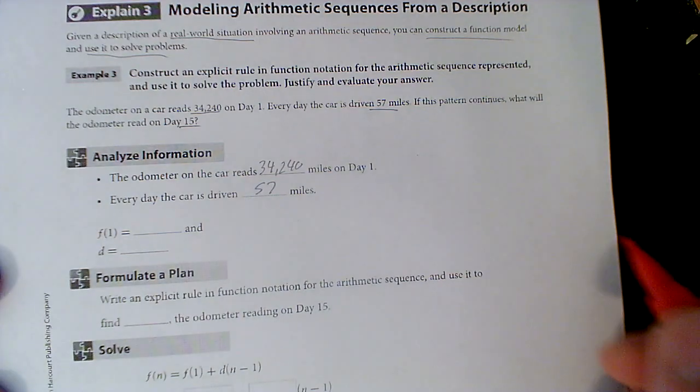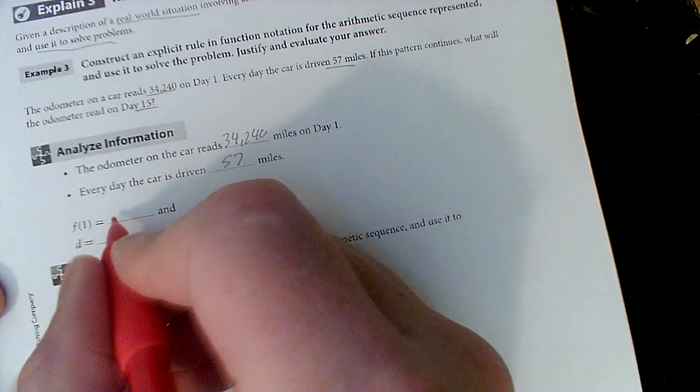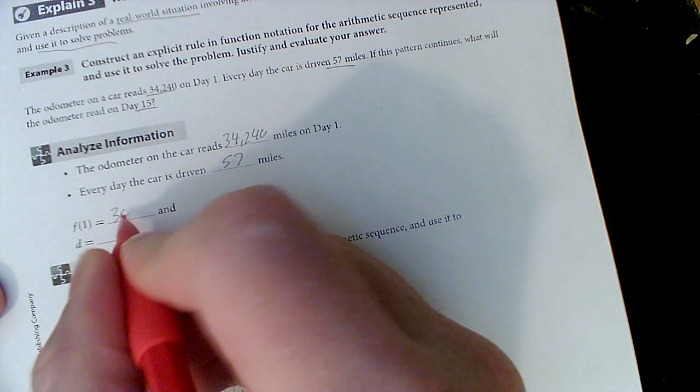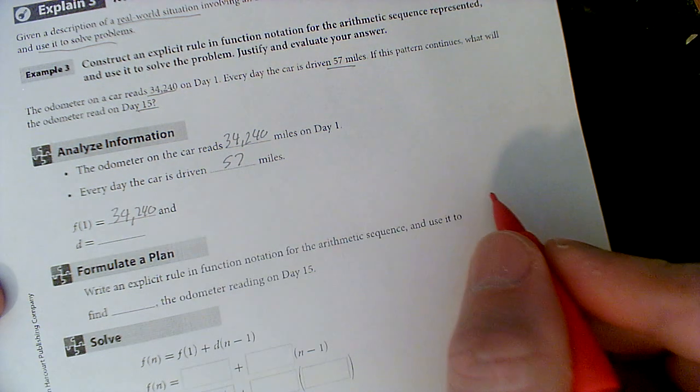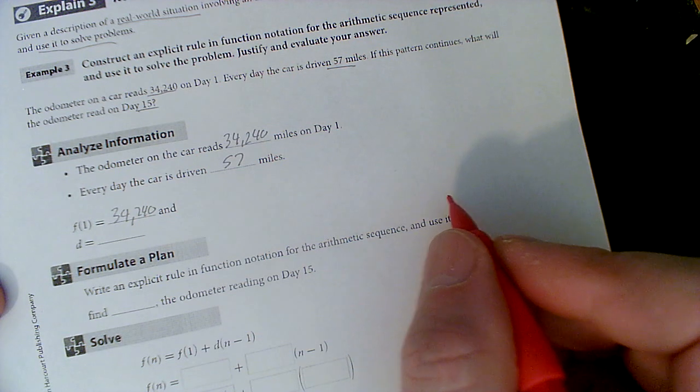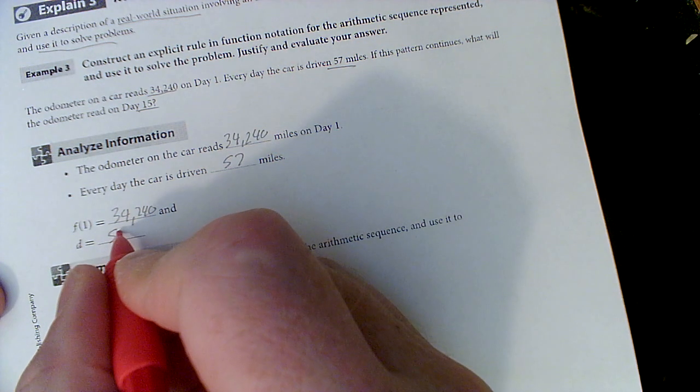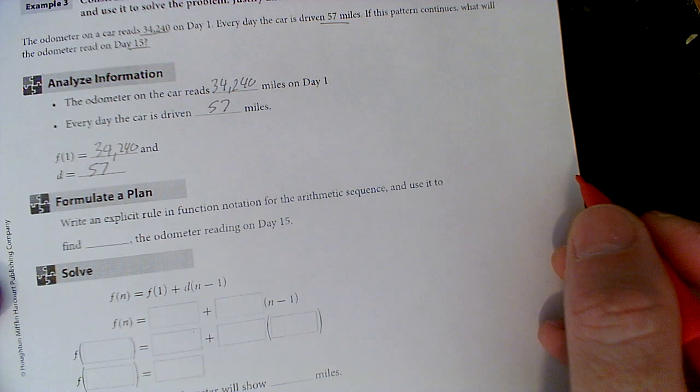It's a little bit backwards, but look, f of 1 is 34,240, and each day is 57 miles, right? The difference is 57 miles.